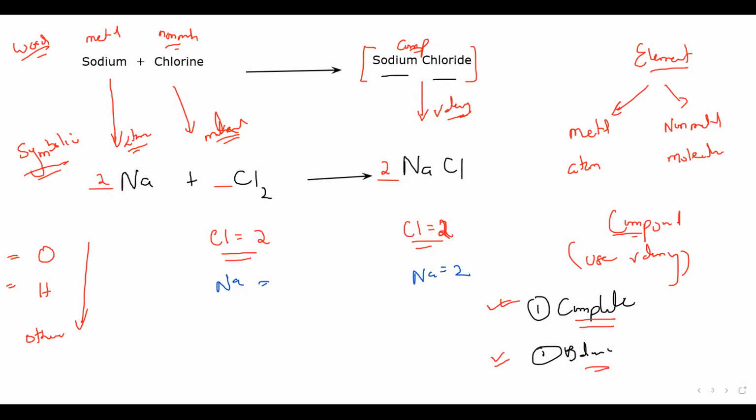That makes sodium also balanced. So sodium is 2, chlorine is 2, and the equation is balanced and complete. First, you complete the equation by using the correct symbols, and second is balancing the equation. Is it clear to everyone?